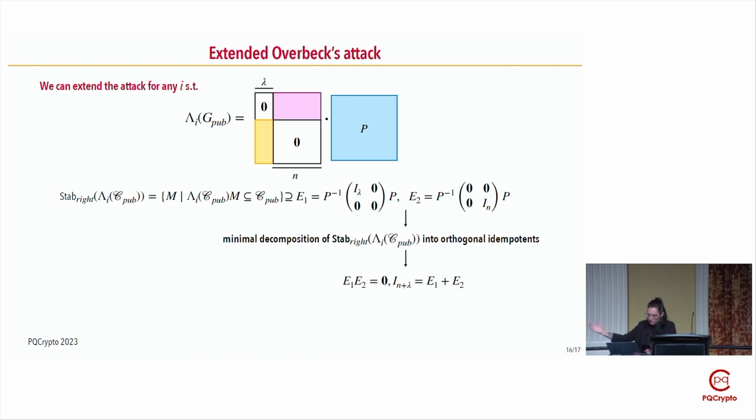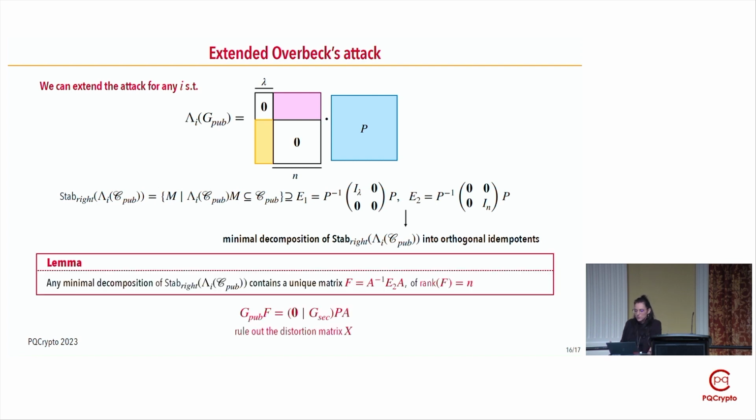And they form a decomposition into orthogonal idempotents because they are orthogonal and because their sum is equal to the identity of size n plus lambda. In particular, we prove that any minimal decomposition contains a unique matrix F, which has rank equal to n and is related to E2. This matrix plays exactly the same role as the column scrambler, so it's a valid column scrambler.